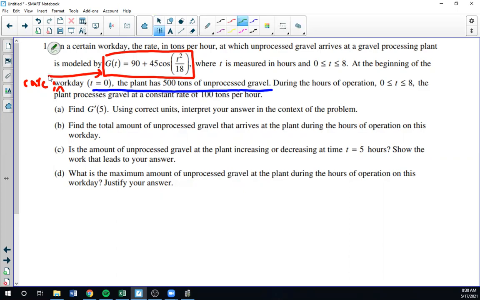What is my rate out? This is my rate out. Okay.